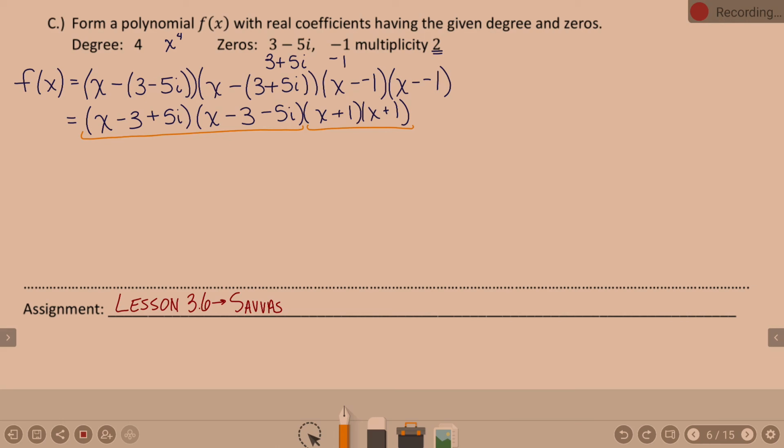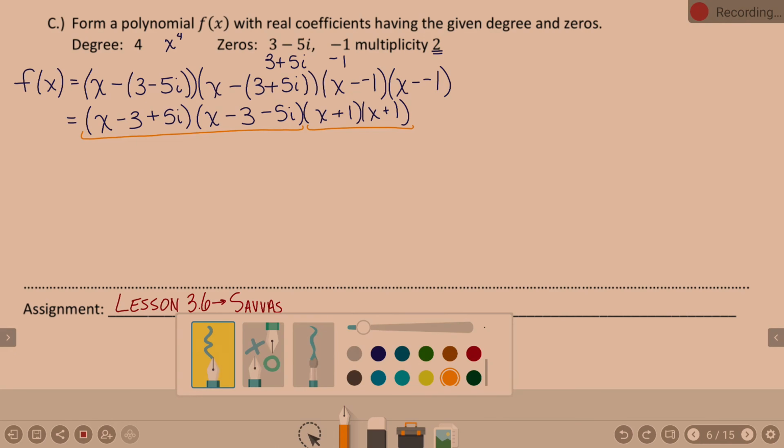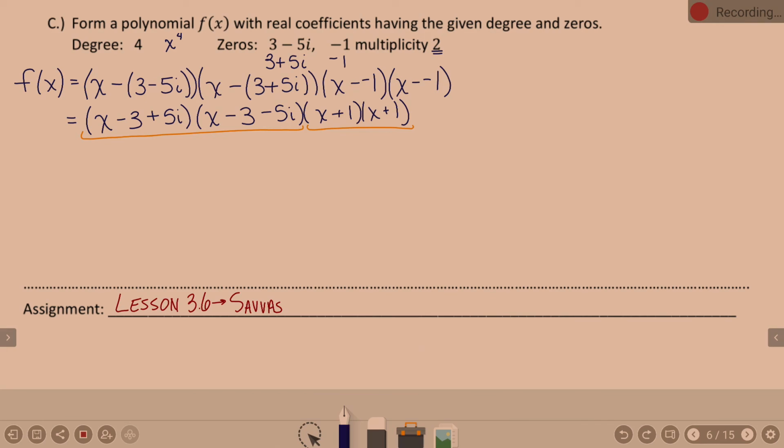Okay. I'm going to put up an answer up here that you can check against. The process is the same.